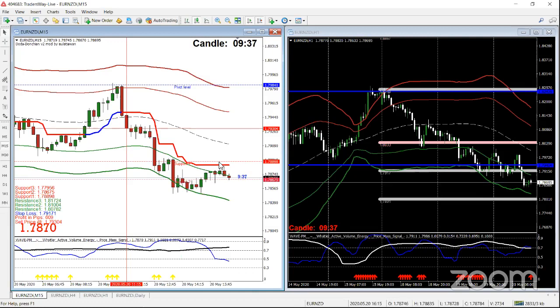Yeah, that's what I said. Your re-entry would have been right about here, because you would have been able to get in right now. But it's a 15 pip risk for a possible 30 pip gain. It's a 50-50 right now.